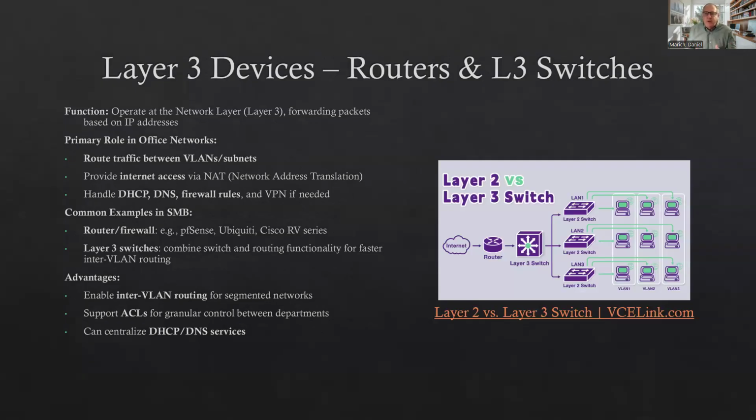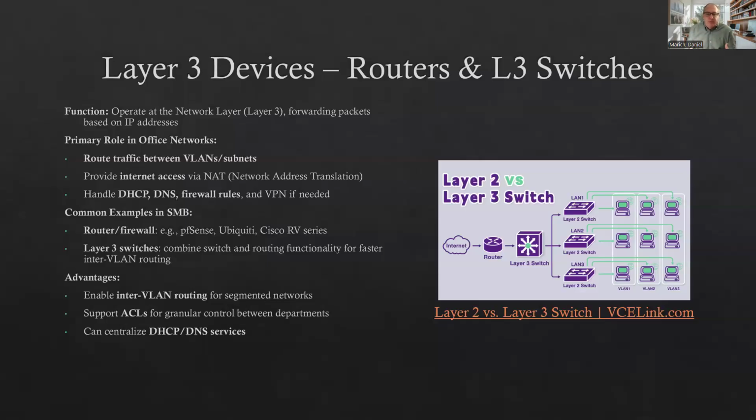In an office network, their primary role is to route traffic between VLANs or subnets, making inter-network communication possible. They also commonly provide internet access through what's called NAT, or Network Address Translation.